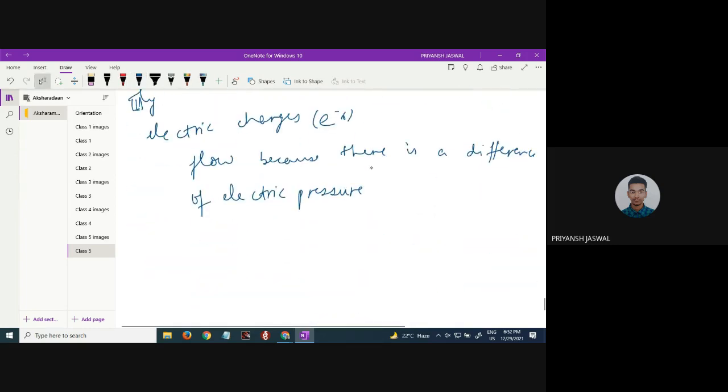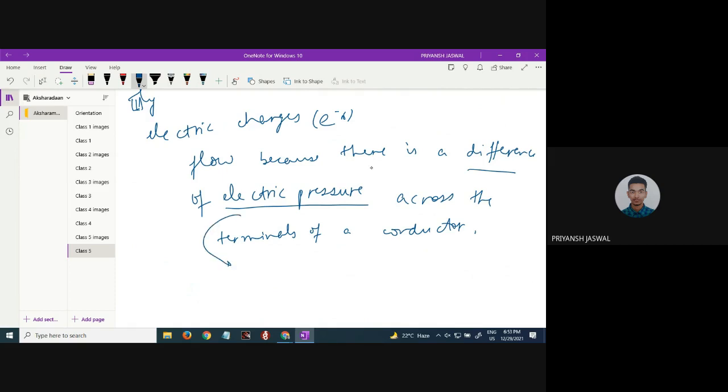We can similarly say the electrons flow due to the difference in electric pressure across the terminals of a conductor. Conductor means something that conducts electricity, like a metallic wire. And this difference in electric pressure, this potential, is called electric potential difference.